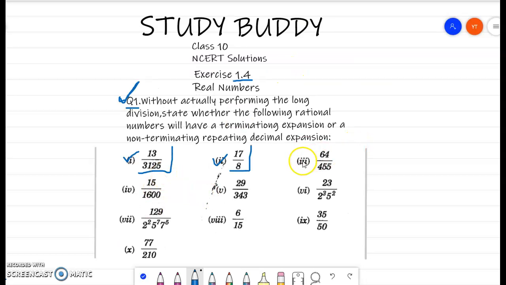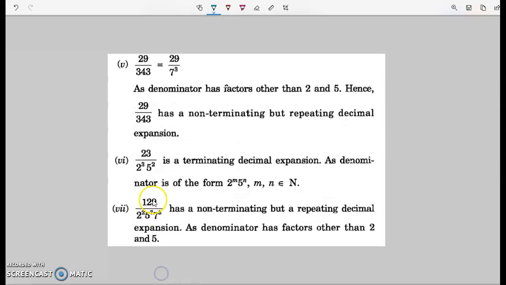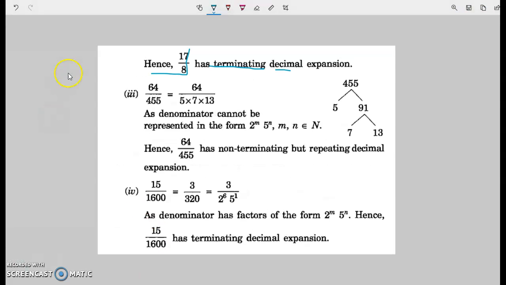Moving on to the third question, that is 64 by 455. For this one, I will consider that 455 can be written as a product of 5 into 7 into 13, once again by using the factor tree method.